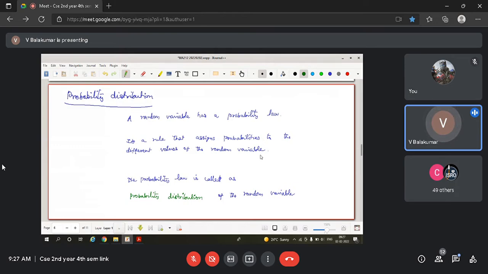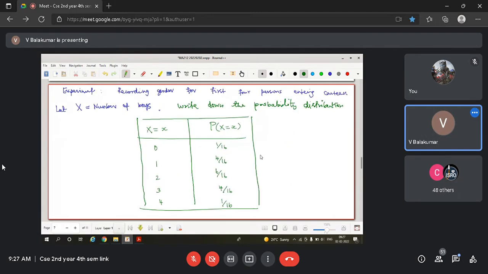Here we have 5 different values. This probability law is called the probability distribution of the random variable. If you change the random variable, the possible values of the random variable will change. Then the probability distribution also will change. This was one experiment.